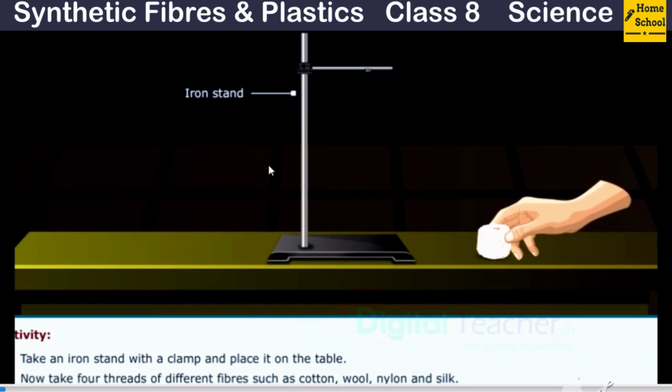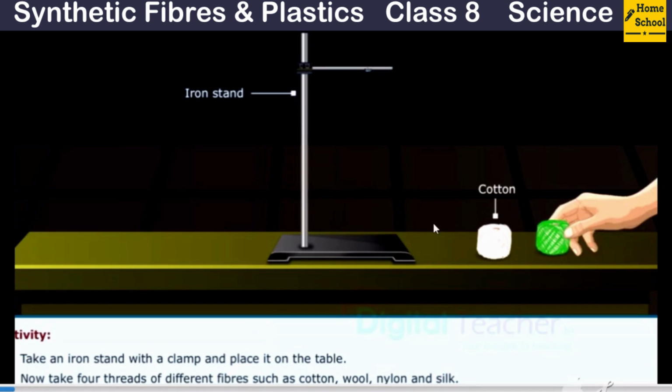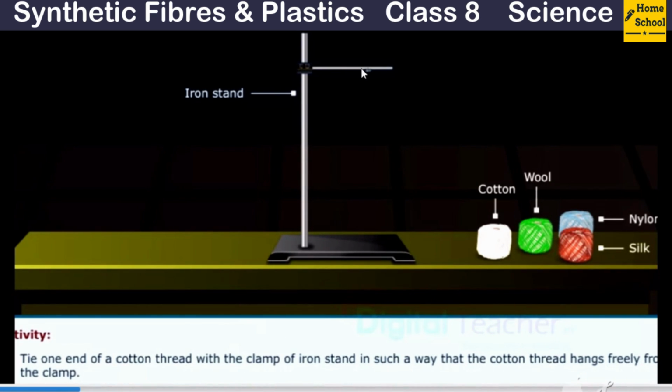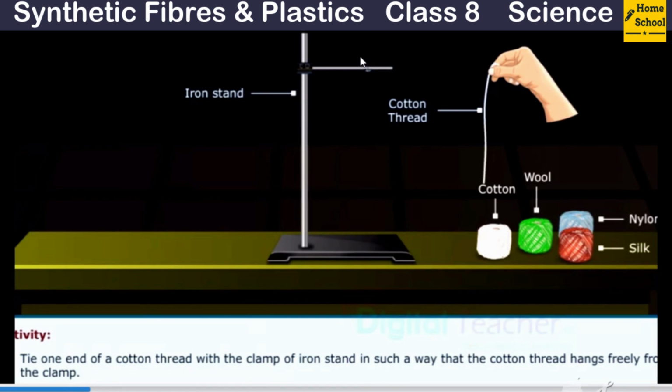You can observe here there is a stand and we are taking fabrics: a cotton thread, wool, nylon as well as silk, right? Now one by one, equal sized threads we will tie to this clamp.